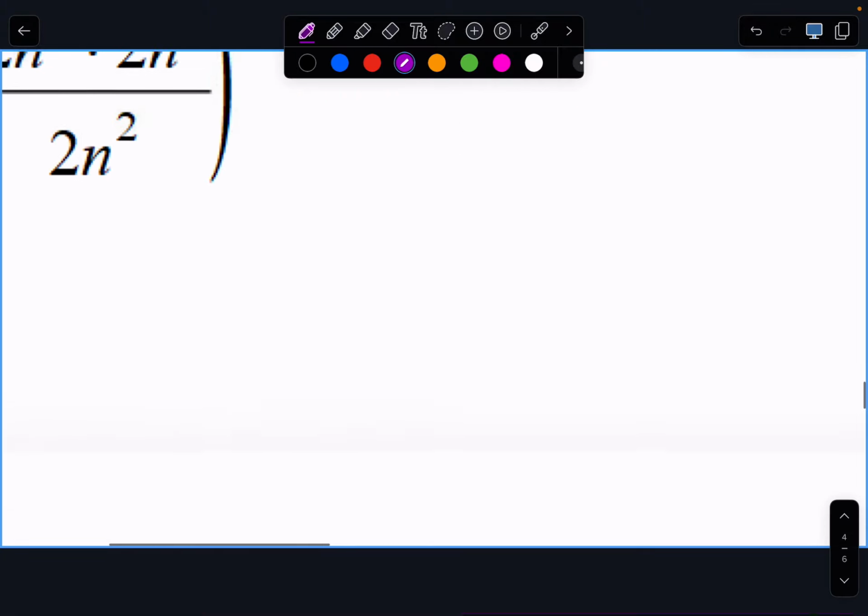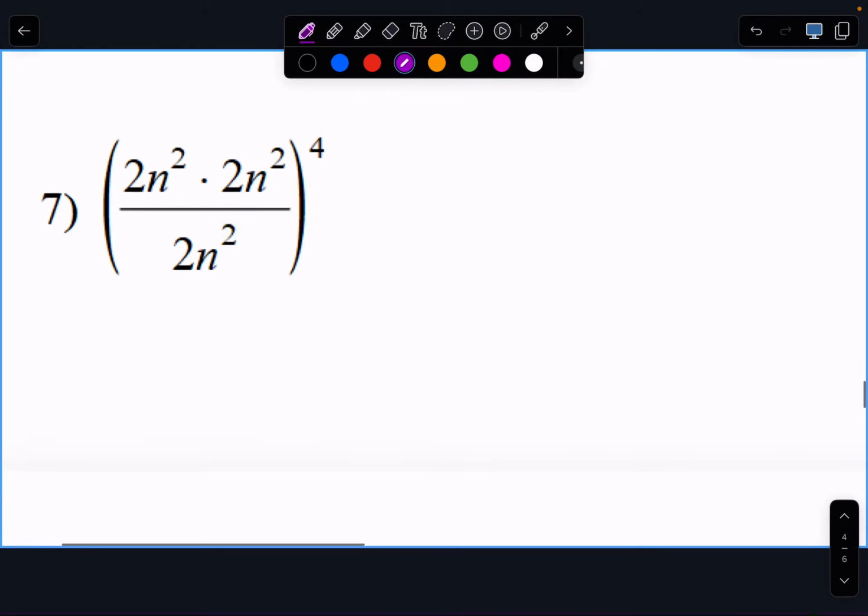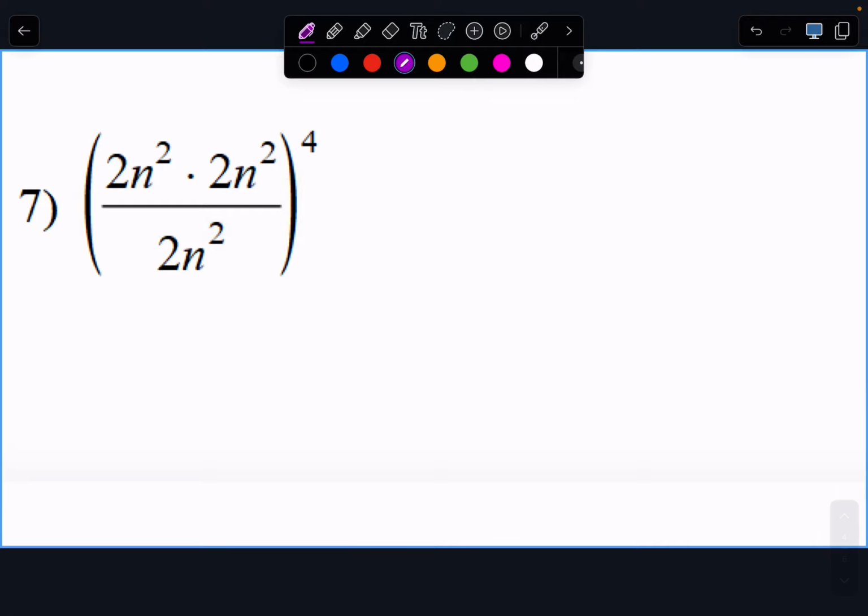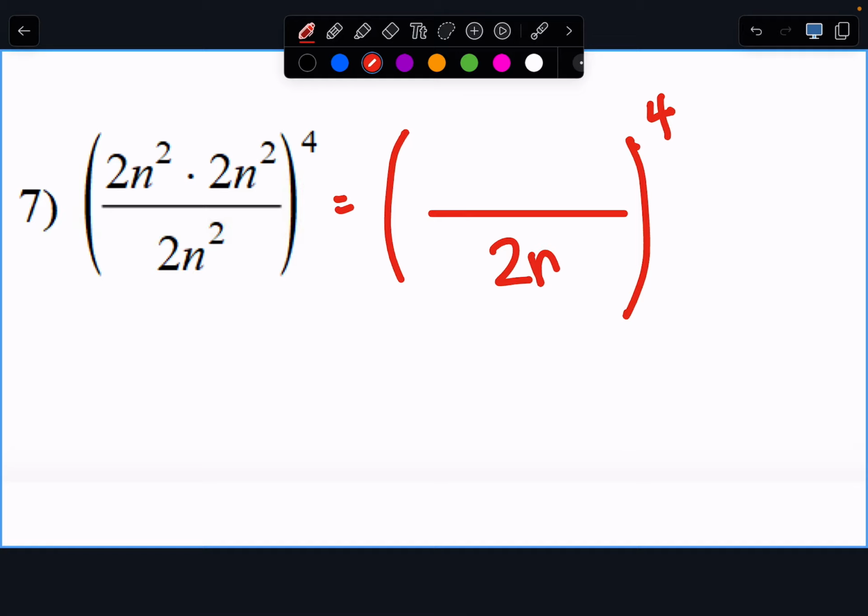All right, now we have 2 problems left that have a mixture. What do you think we need to take care of first here? I'll give you a hint. Yeah, let's do the multiplication in that numerator. So what happens when we do 2 times 2?